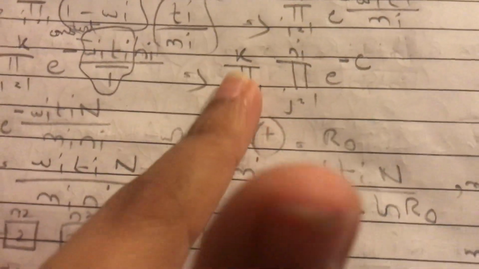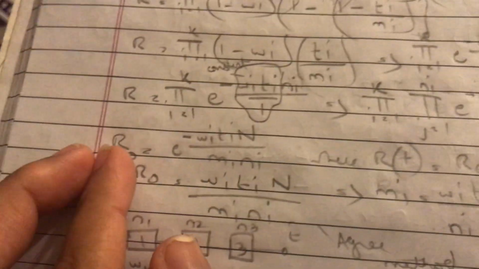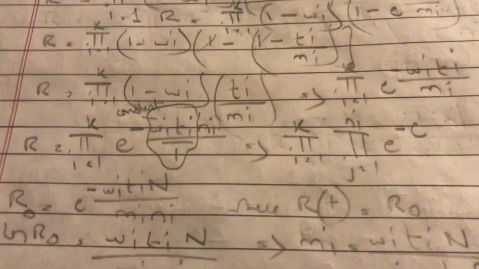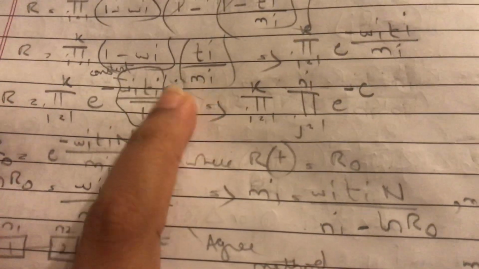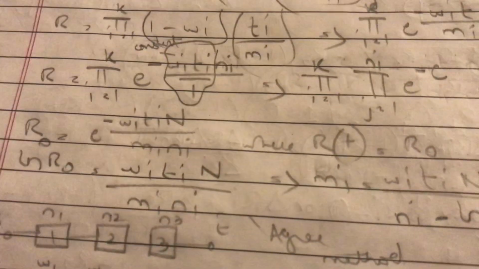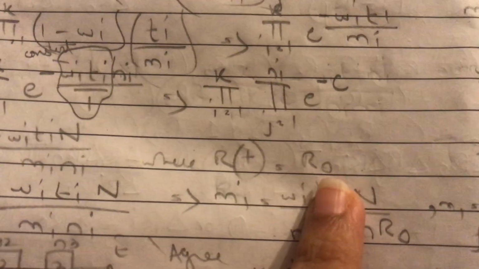But when we talk about time 0, like here R0, we won't be putting any limit, so we won't have any i, so it would just be simple N. So at time t we have small ni, and for R0 we have capital N. In the replacement of t we keep mi and ni, so the equation is here, where we can say that Rt is equal to R0. So both are the same.